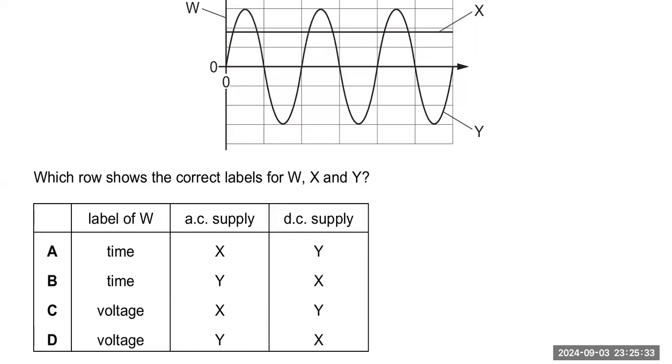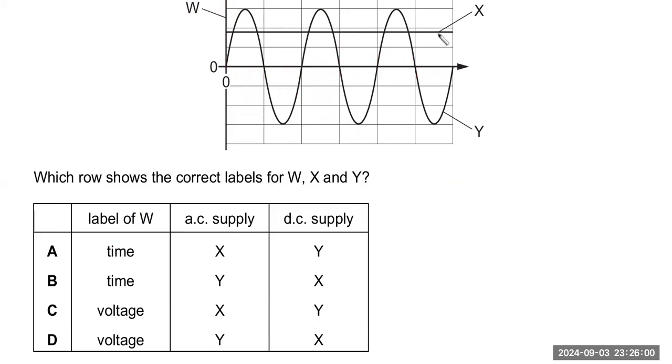Look at the options. Remember, this graph, this signal, is mostly made by the CRO, the cathode ray oscilloscope, where we measure the voltage. So W represents the voltage, and this line shows the time interval.